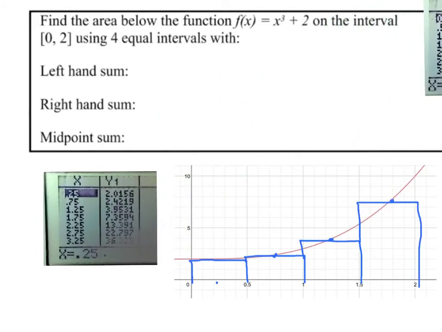Let me bring on the other values. Our widths are still 0.5, but here the heights are 2.016, and I'm going to go 3 decimals, 2.422, 3.953, and 7.359. That will give us our midpoint sum.